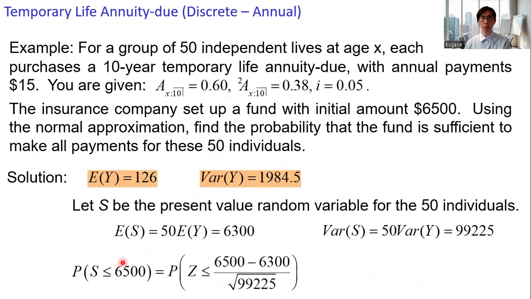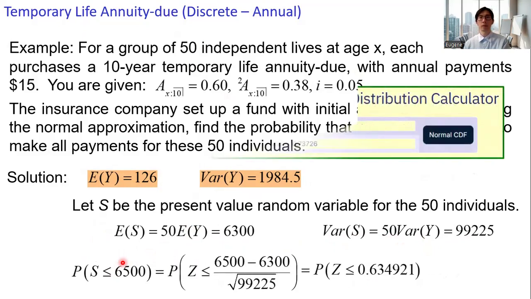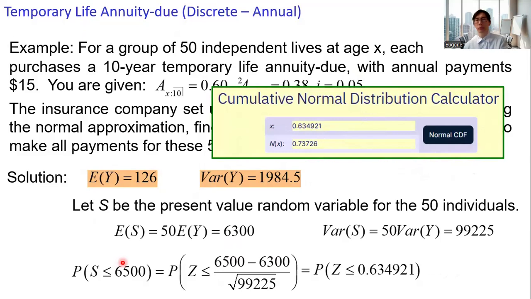Convert to standard normal, and using the standard normal calculator, the corresponding Z value here is 0.634921. And then we get the cumulative probability, 0.73726. And this is the answer for this question.